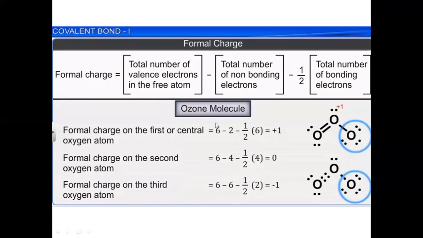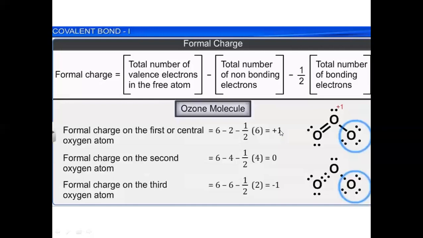So 6, minus non-bonding electrons, which is 2, minus half of the total number of bonding electrons. How many bonds are there? There are 3 bonds, and the bonding electrons are 1, 2, 3, 4, 5, 6. So 6, minus 2, minus 3. So the formal charge for the central oxygen atom is +1.